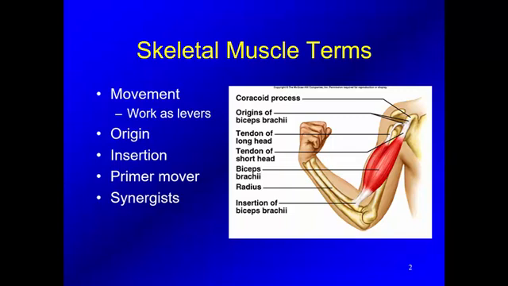A muscle that moves in the opposite direction or relaxes when another one contracts is called the antagonistic muscle, or the antagonist. In this case, the biceps flexes or contracts to move the arm up, to flex the arm. The tricep muscle has to relax. So in this movement, flexion of the arm, the biceps brachii is the prime mover, the brachialis is the synergistic muscle, and the triceps brachii is the antagonistic muscle.